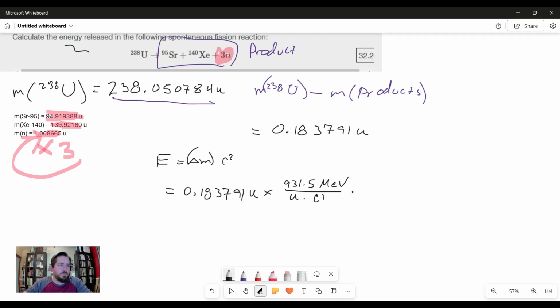And then that gets multiplied by the c squared, so the c squareds cancel out. That's nice. And then I end up with 171.2 mega electron volts.